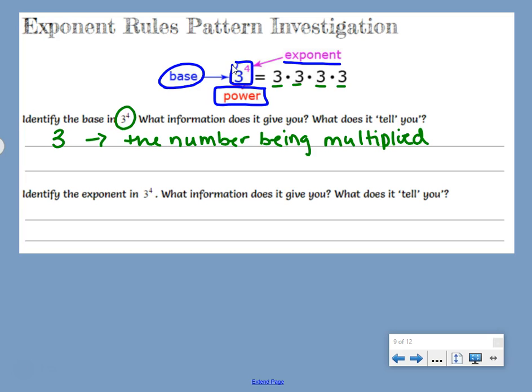Okay. Identify the exponent in 3 to the 4th power. That's going to be the little number, the 4. And what information does that tell you? Well, here we see 3, 1, 2, 3, 4 times. So it tells you the number of 3's being multiplied.